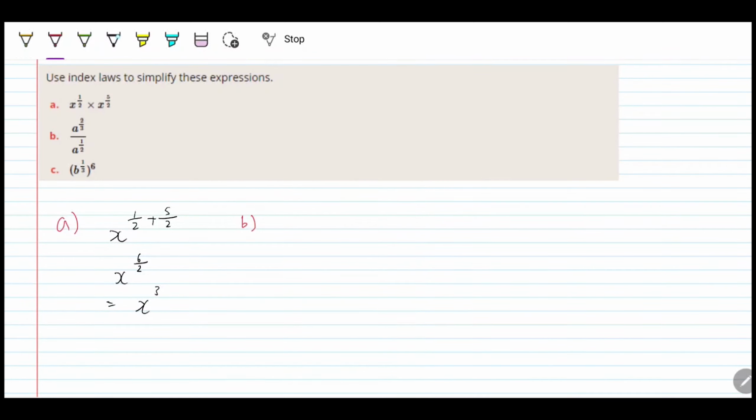In example B, we have a to the 2 over 3 divided by a to the 1 over 2. So you'll remember, if they are dividing and they have the same base, you can take away the powers. So let's do some maths on the side here. We have 2 over 3 minus half. The common denominator is 6.